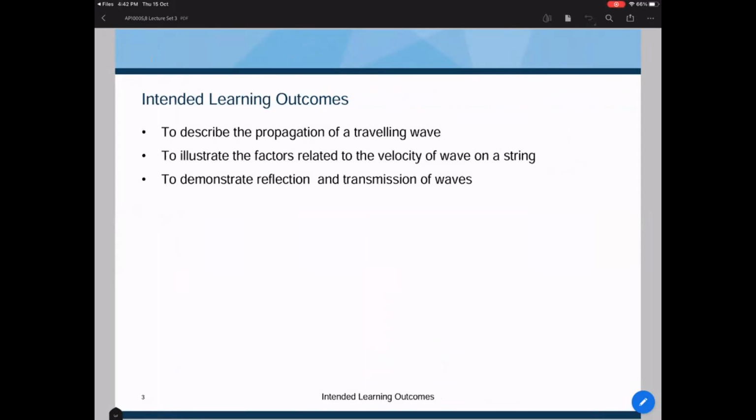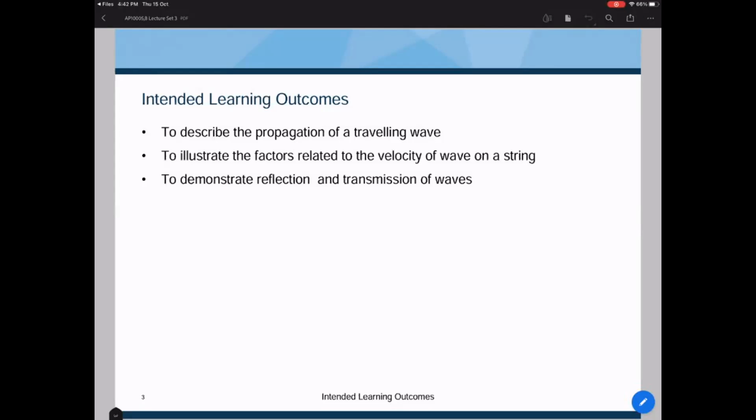We would be here talking about waves moving from one place to the other. This is in contrast to the stationary wave, where you have what we call the resonance. At the beginning, we will be first talking about waves moving.